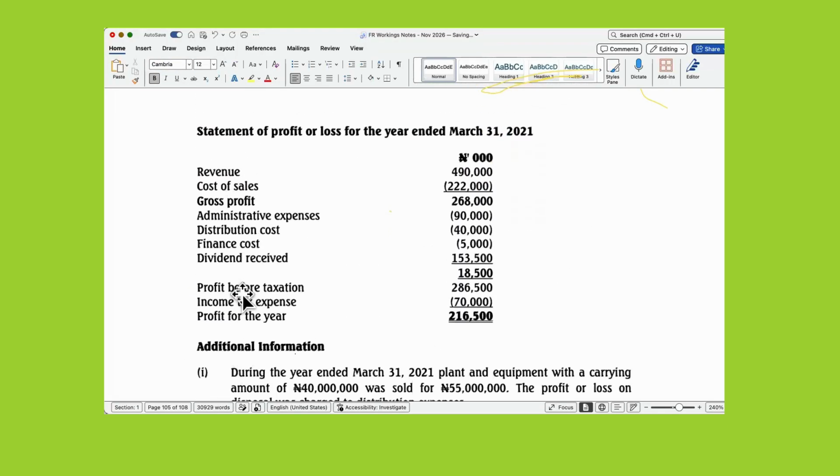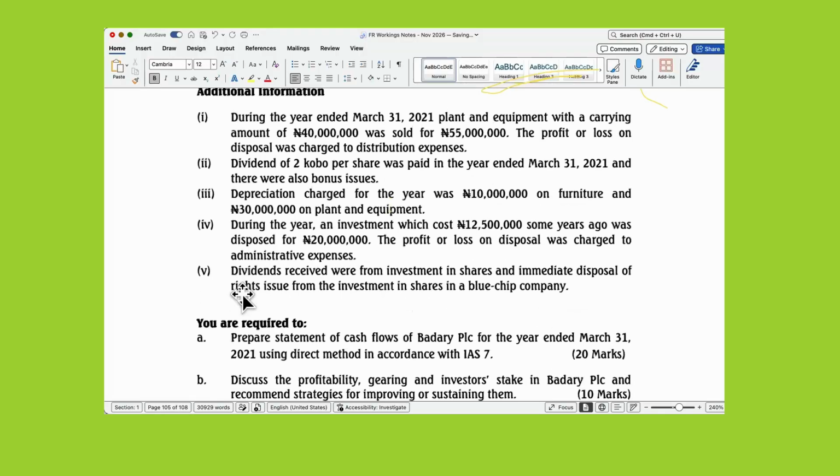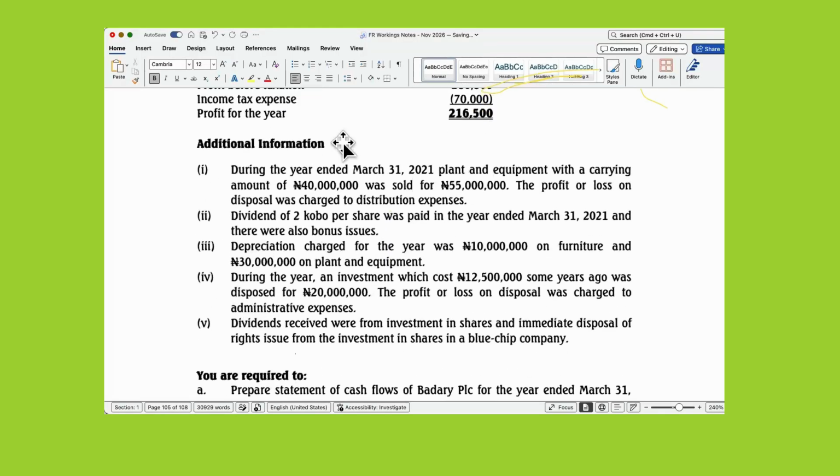Let me read out the additional notes given to us. Note 1. They said during the year ended March 31st, 2021, plant and equipment with a carrying amount of 40 million was sold for 55 million. The profit or loss on disposal was charged to distribution expense.